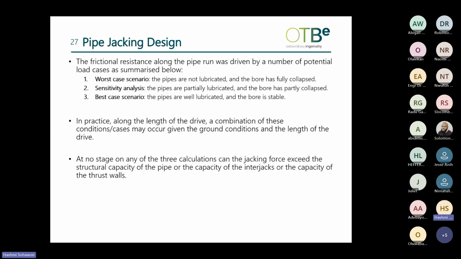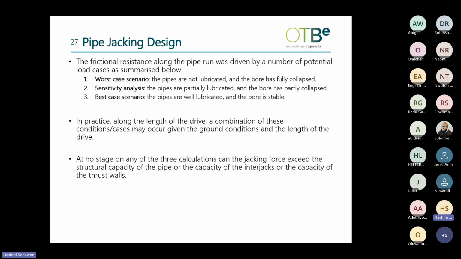To calculate the shear forces mobilized at the pipe and soil interface, we considered 3 cases. We have the worst case scenario in which the pipes are not lubricated at all and the bore has fully collapsed. We can think of this case as the soil has fully crumbled and makes full contact with the pipe across the entire length.